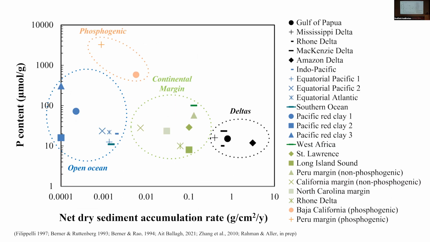Now, if you were to map phosphorus content versus sediment accumulation rate, you can see that this is on a log scale. Please be aware of the log scale. I just wanted to separate all of the different pools. You've got your open ocean settings, got some data from continental margins, and these are usually what have been tallied by Ruttenberg et al., Filippelli et al., Wallmann et al., et cetera. So I'm adding deltas to this data set here.